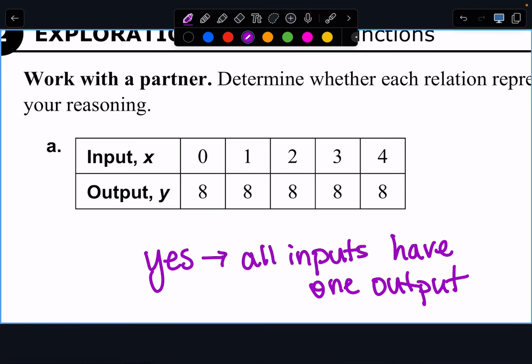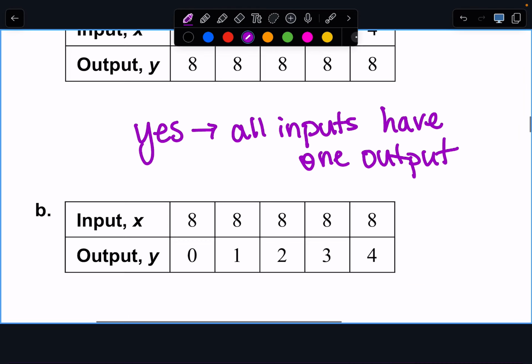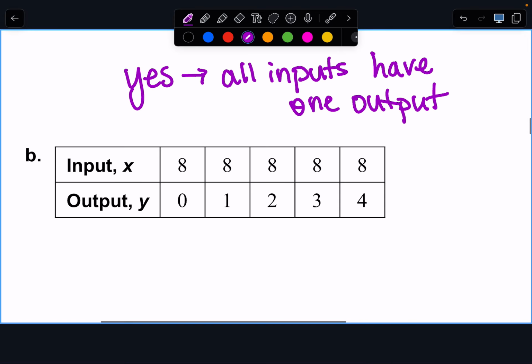That's the Y. Now, what about in B? Okay, so my input of 8 has an output of 0. My input of 8 also has an output of 1.